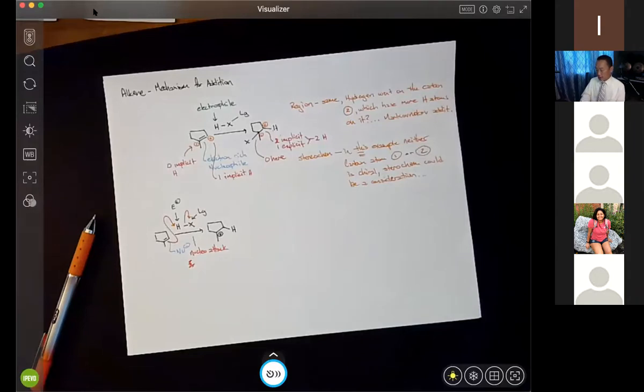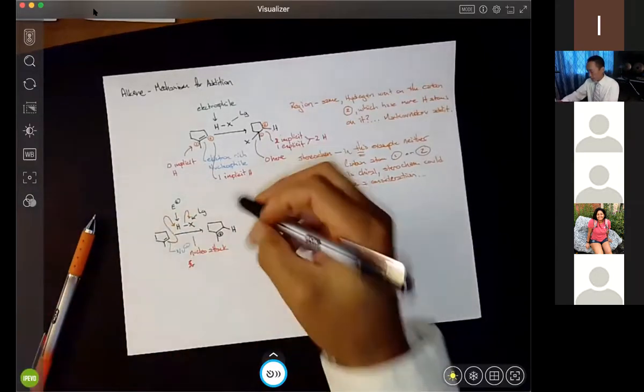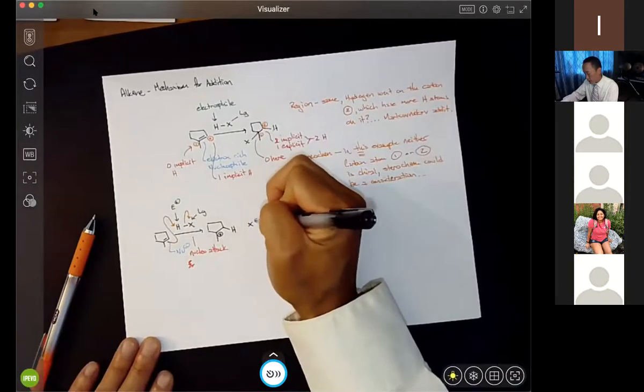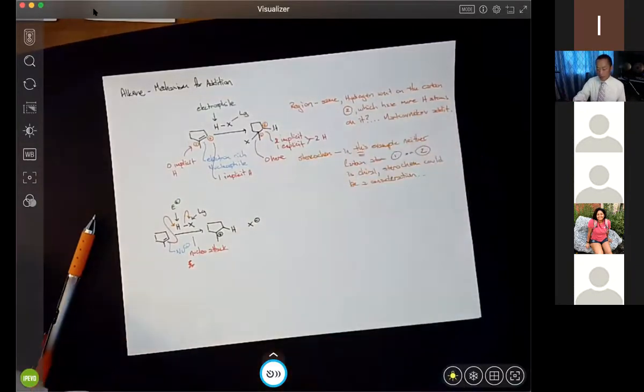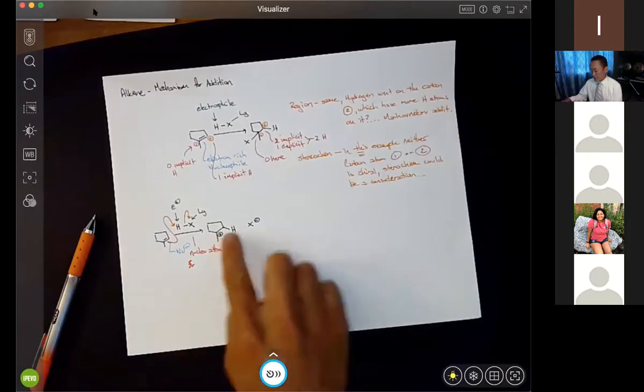Well, then once that's taken place, we have a halogen anion present in our reaction mechanism, and all we have to do is take a quick check of the behavior of these species.